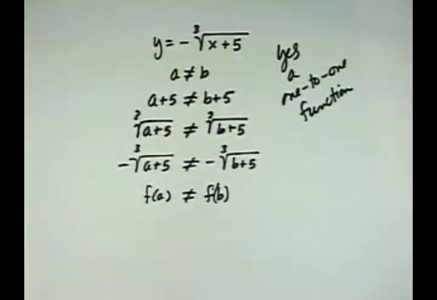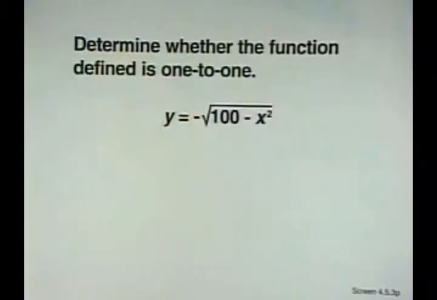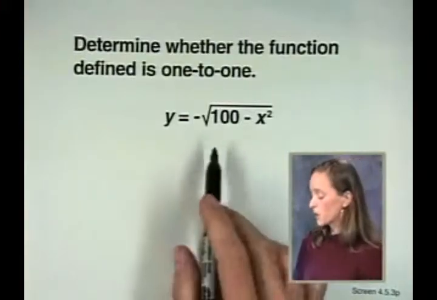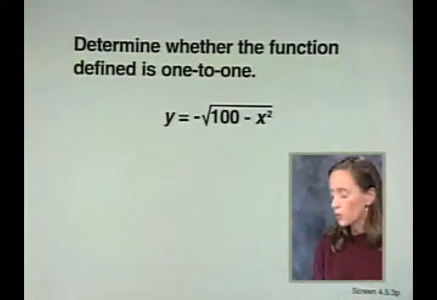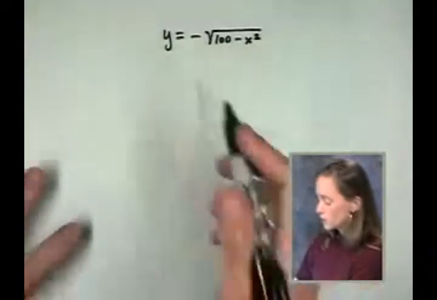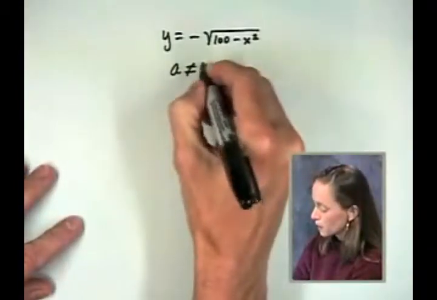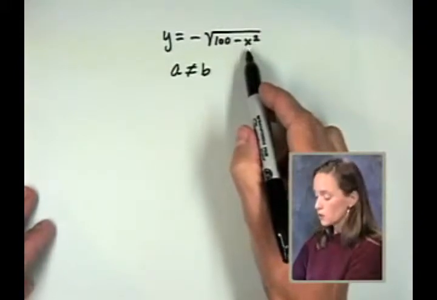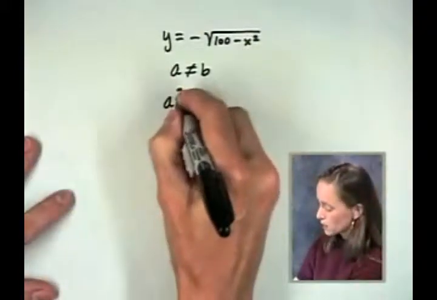Let's try another example. Let's determine whether this function is one-to-one, and this time we have negative the square root of 100 minus x squared. We'll begin in the same way with the statement a not equal to b, and I want to build this function. So the first thing I need to do is square both sides.